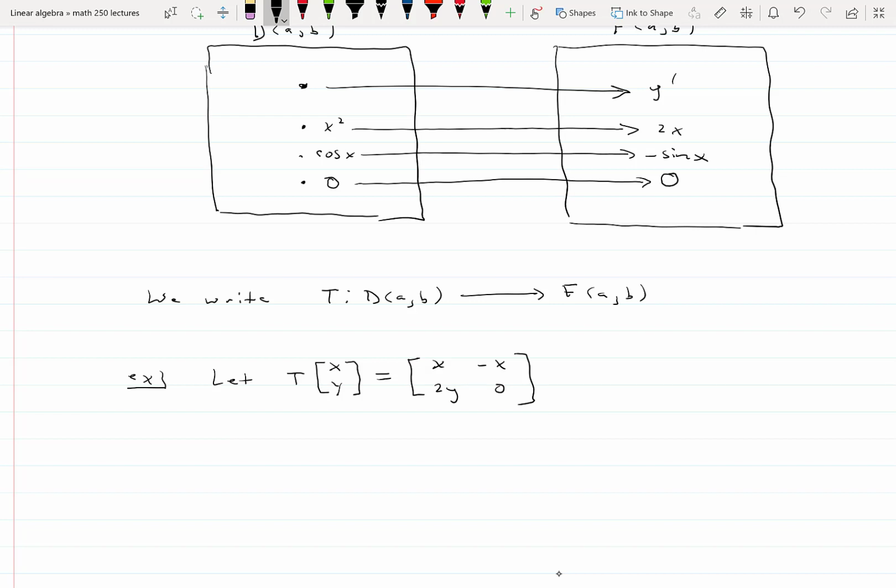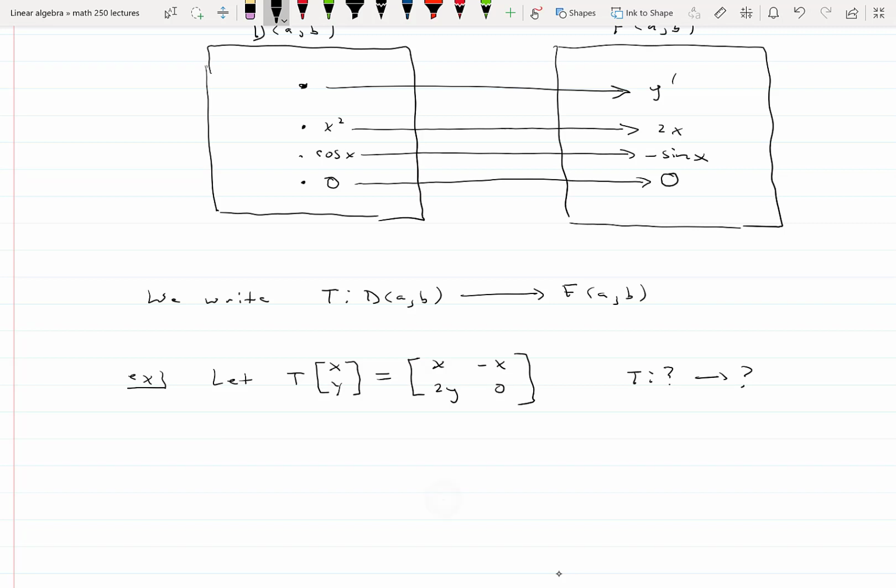So this linear transformation takes what vector space and turns elements in that vector space into elements of what other vector space? Think about that for a minute. At the end of this discussion with this example, I'll write it out. What are the vector spaces that T takes something from and turns the element into?